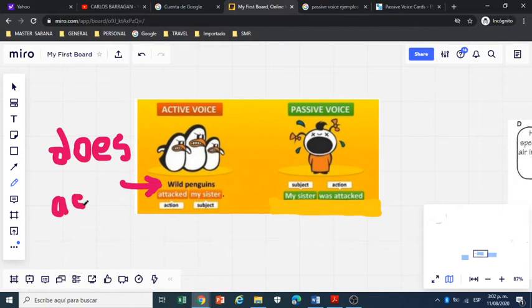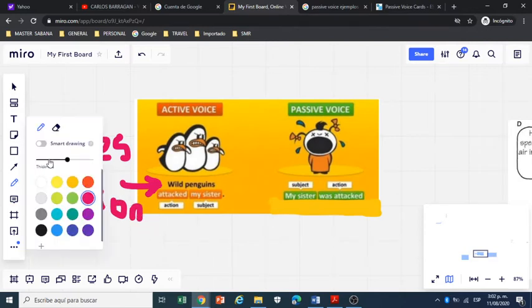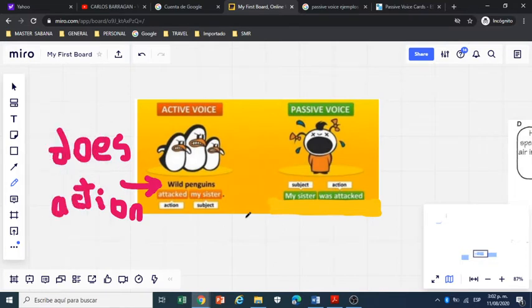Okay, this is the most important section in the sentence. Okay, the action, but not the action. Okay, the action is not important in active voice. Okay, not important. But who does the action is more important. Okay?